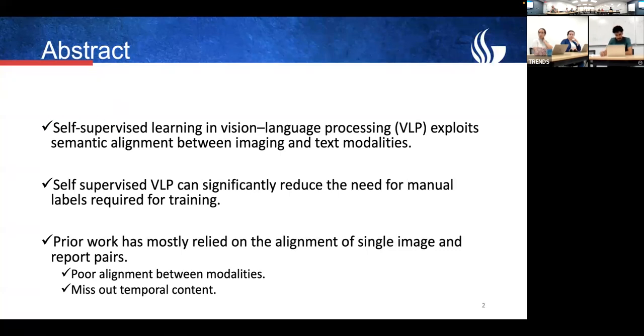Self-supervised VLP can significantly reduce the need for manual labels, which are required for training. Because it's self-supervised, we don't need labels.